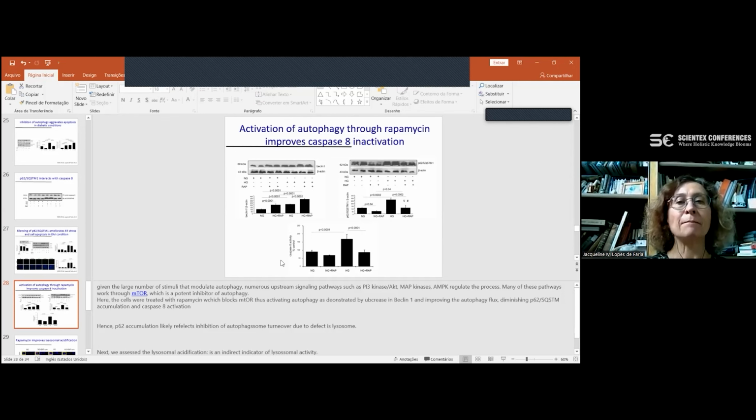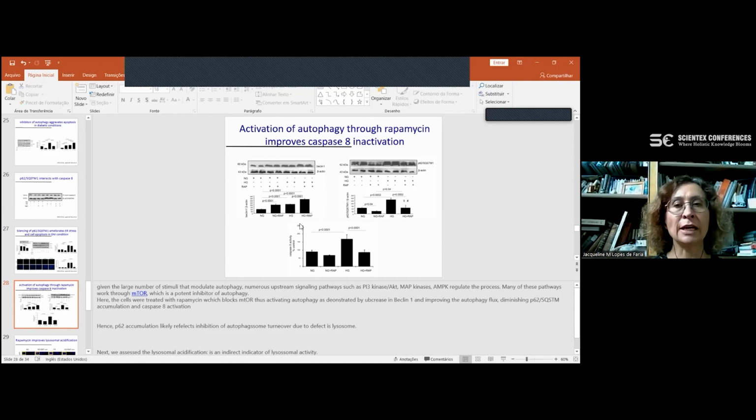Then there are many stimuli upstream to stimulate or inhibit autophagy. One of those is rapamycin, which blocks mTOR, activating AMPK, thus activating autophagy.